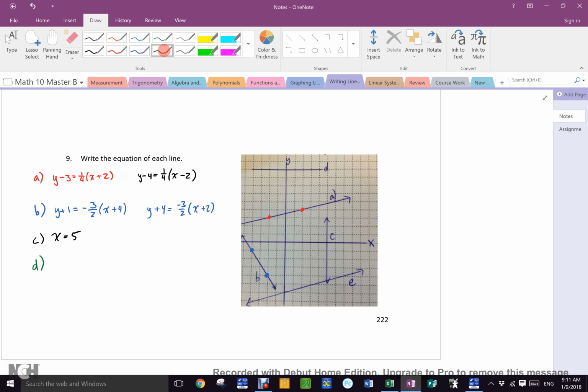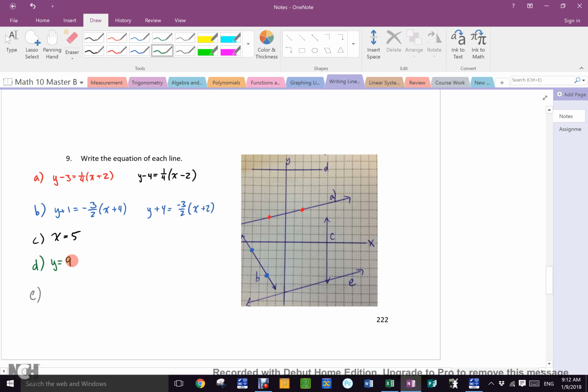If x equals 5 gives me a vertical line, what must D be? Anybody? Thank you.